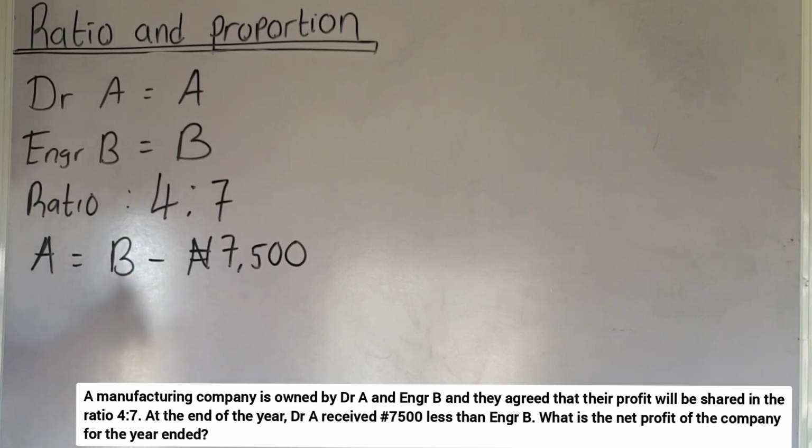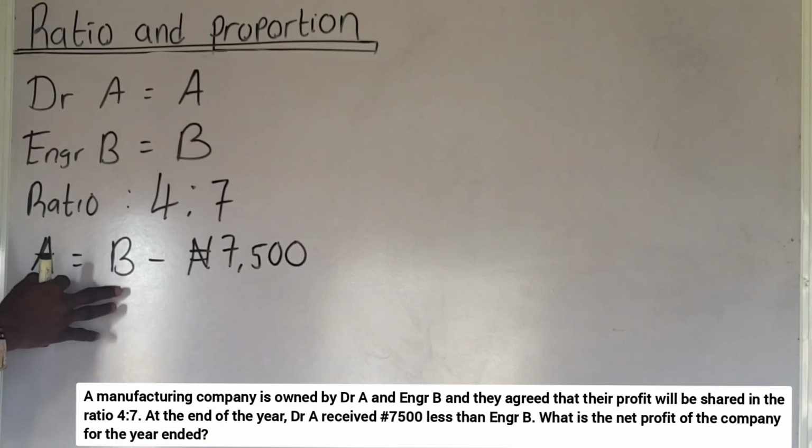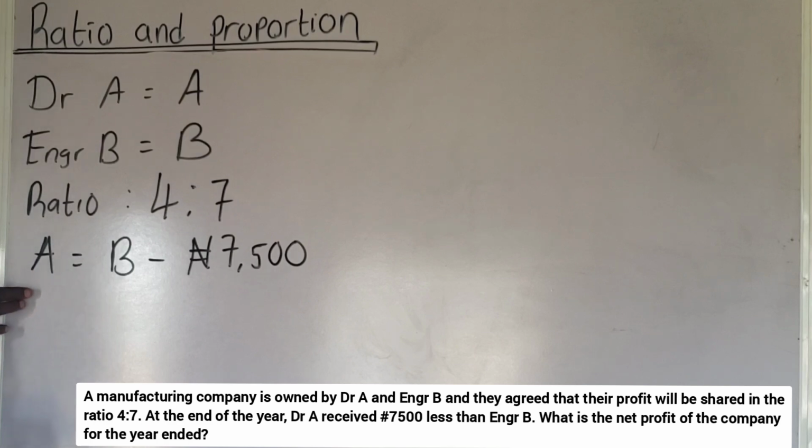A received 7,500 naira less than B. That is, if I know the value that Engineer B received, I can easily determine the amount that Dr. A received by subtracting 7,500 naira, because the question says Dr. A received 7,500 naira less than Engineer B.